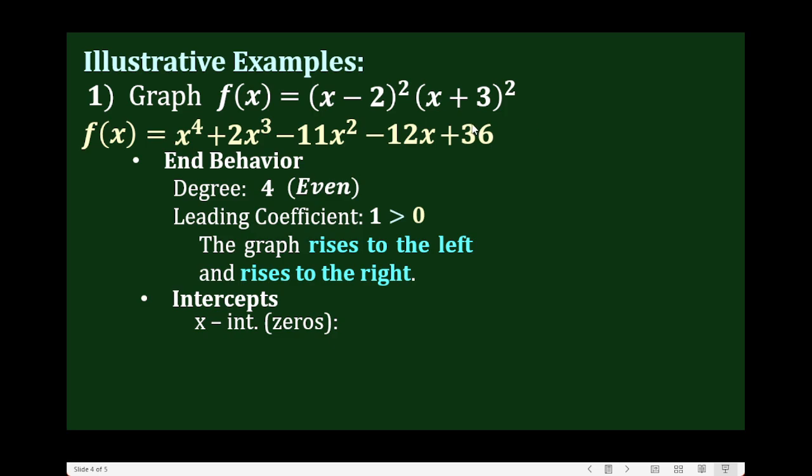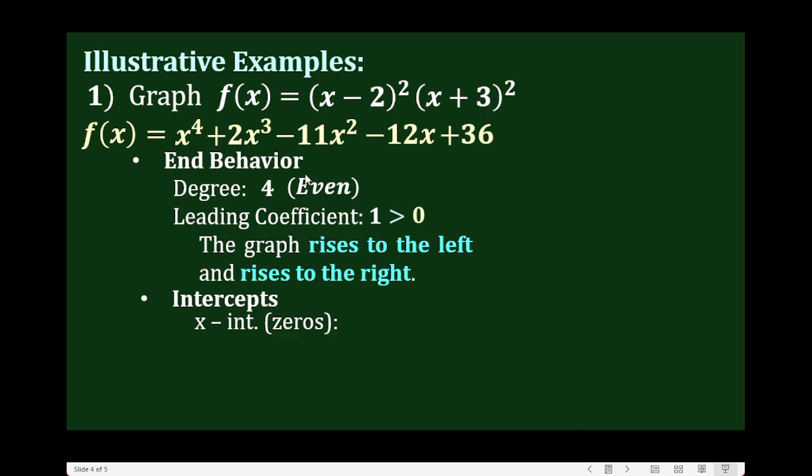Taking each of the two factors, say x minus 2, taking the constant term negative 2, we just reverse the sign of the constant term and we have the x-intercept. So if we have negative 2, we have positive 2. And for x plus 3, this will become negative 3.